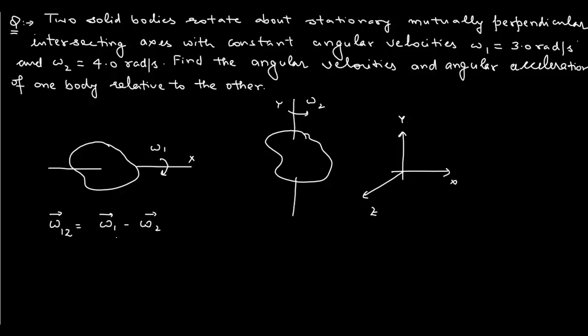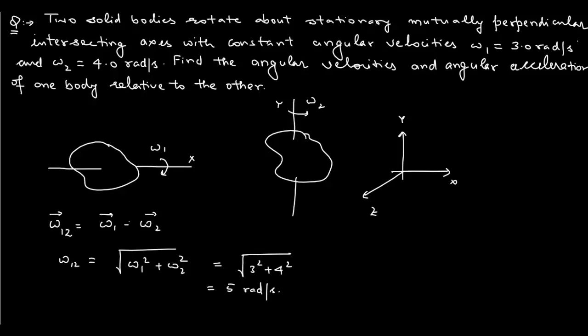Here omega 1 and omega 2 are mutually perpendicular to each other, so omega 12 squared is equal to omega 1 squared plus omega 2 squared. So from here we can write 3 squared plus 4 squared, and we get 5 radians per second.